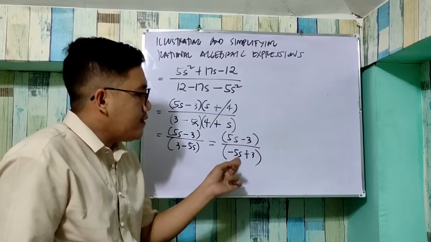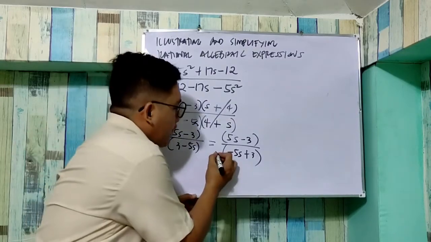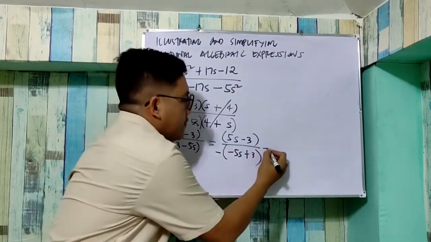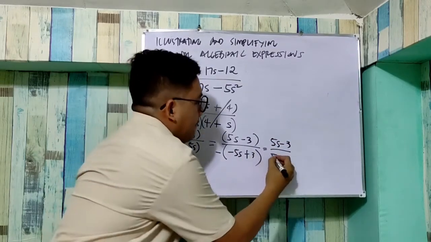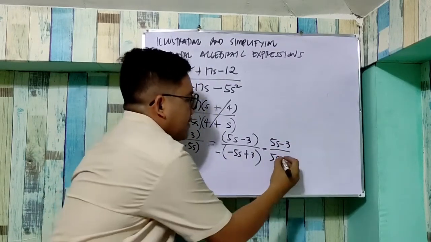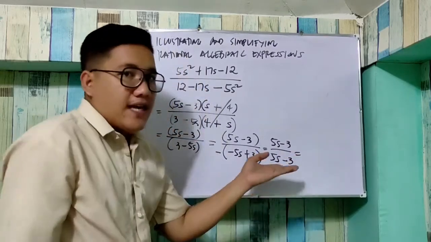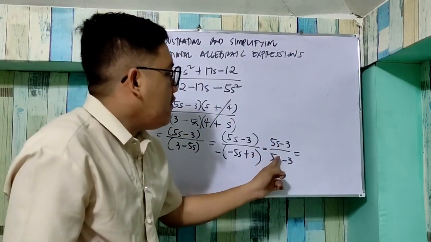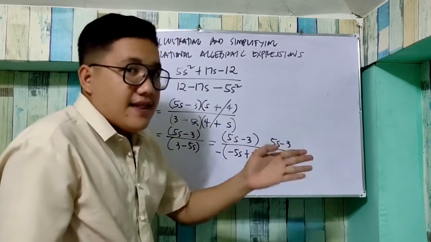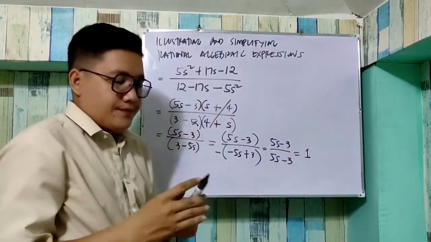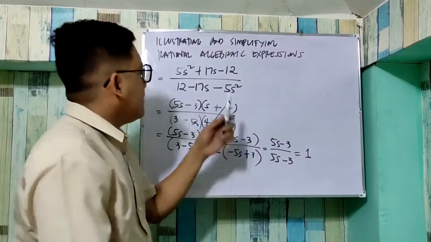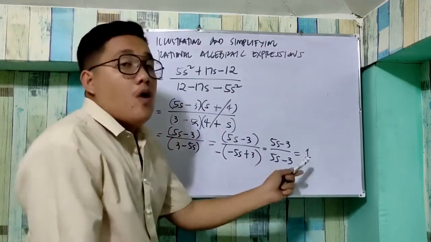Palitan natin lahat ng symbol sa loob nito. Multiply siya natin ng negative. So, magiging negative, negative, positive, negative, positive, negative. Same. So, 5s minus 3 over 5s minus 3, that is 1. Isusulat na natin yung 1 kasi wala naman na siya ibang kasama. Therefore, the simplified form of this is 1.